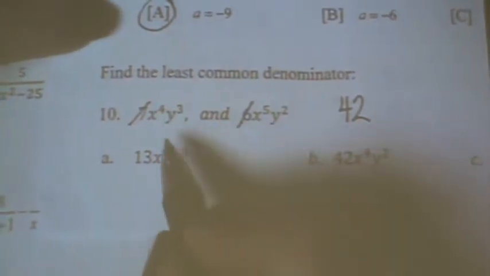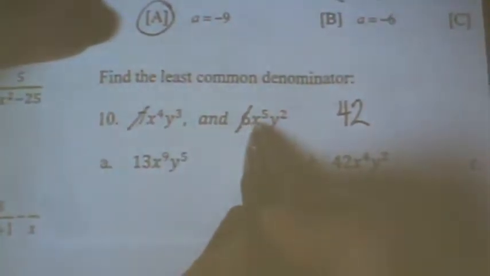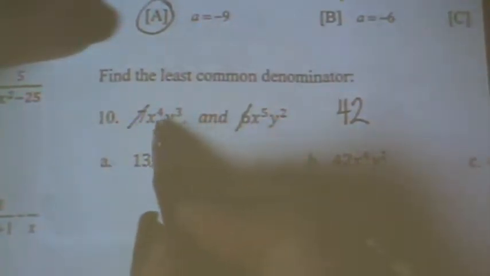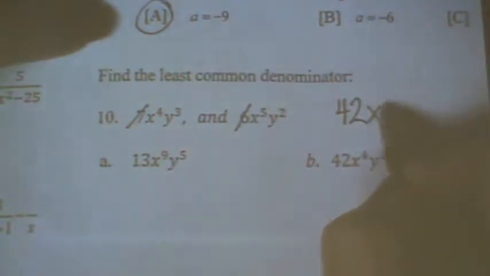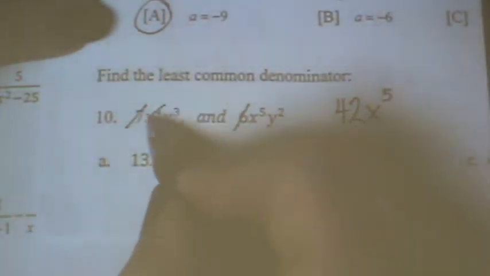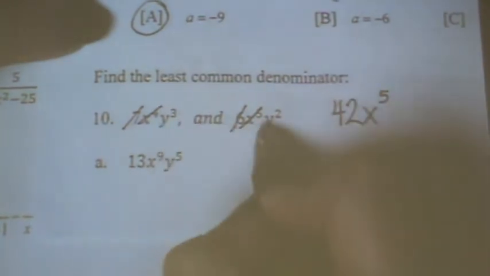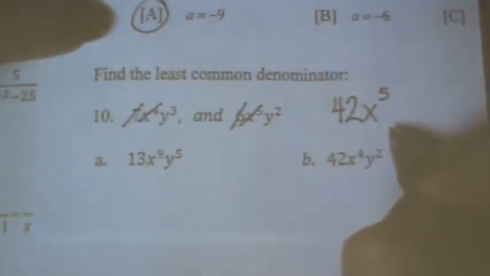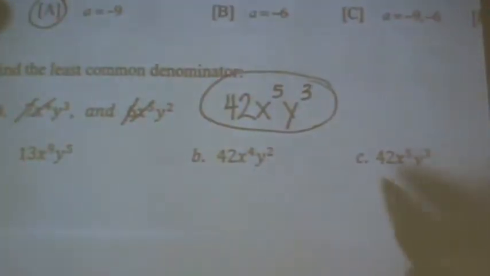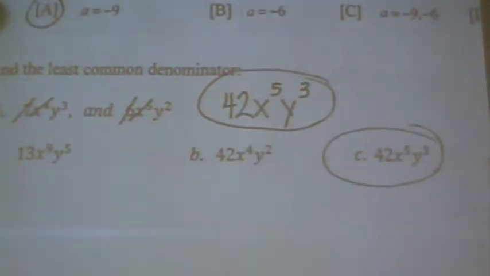Okay, so that's good. Now look at your x's. You need the greatest number of times you have an x, which is x to the 5th. Okay, so that's done. And now what's the most number of times you see y? That would be y to the 3rd. That's how you get your GCF. And that would be letter C.